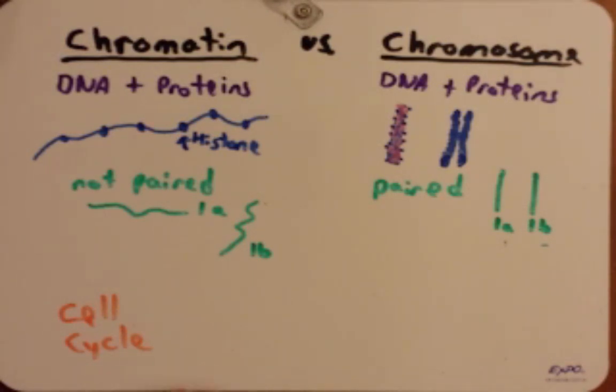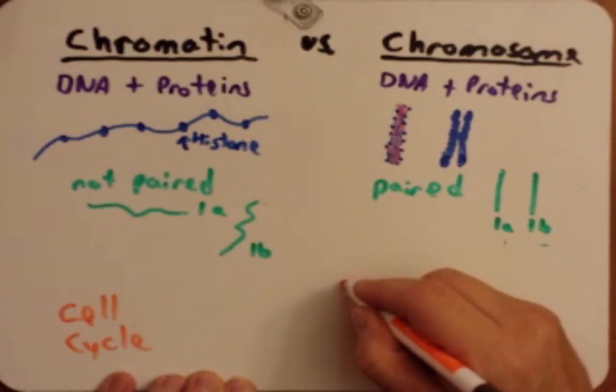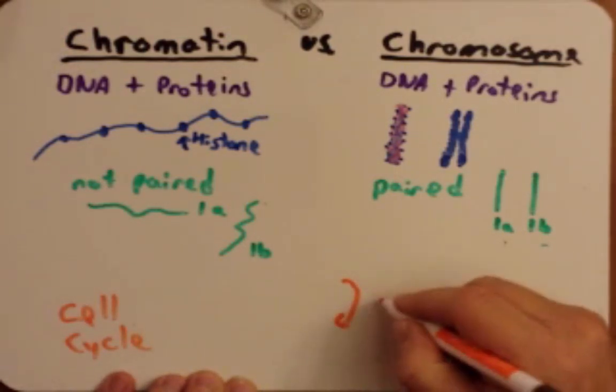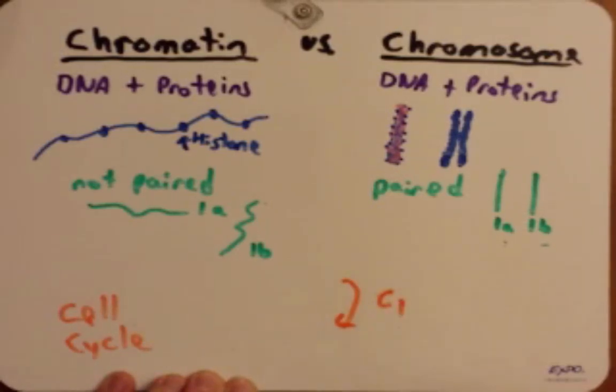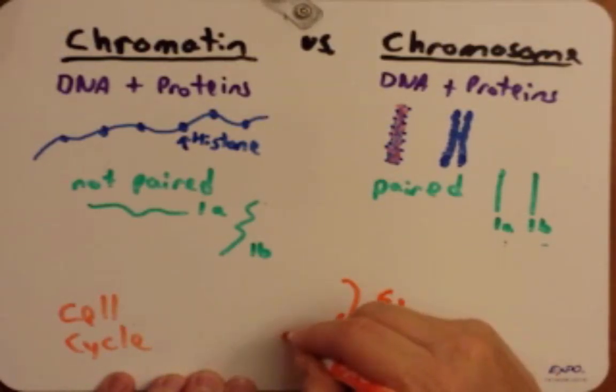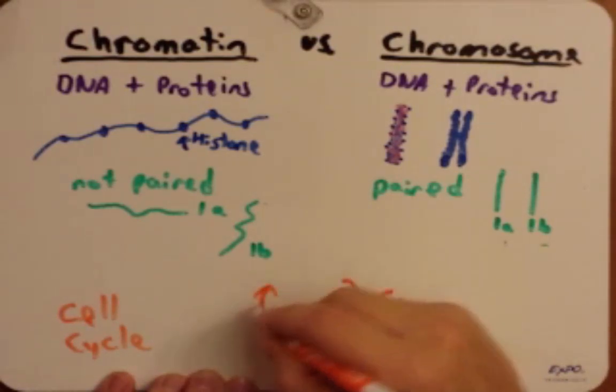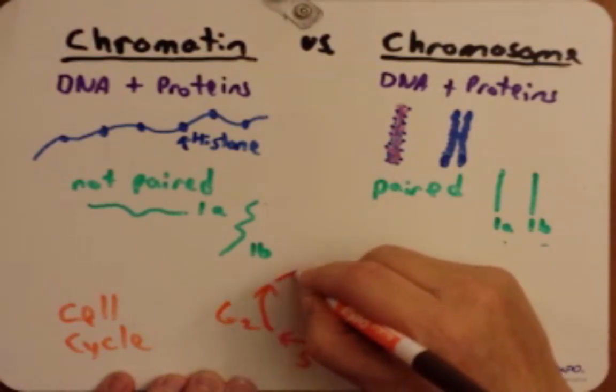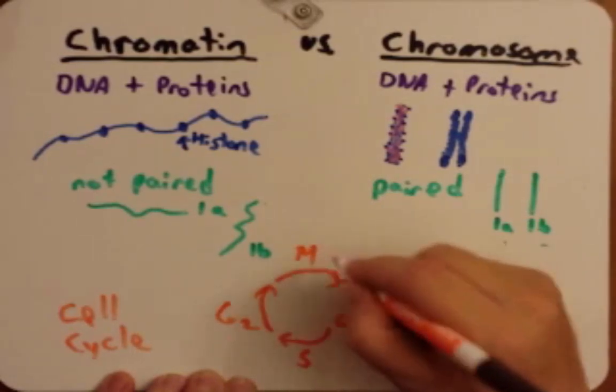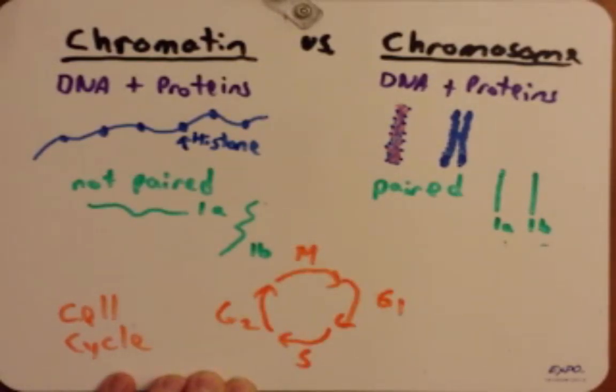But let me remind you of some of the basics of the cell cycle. Remember, you have a cell that enters the cell cycle in G1. It then moves into S phase, and then G2, and then it goes into the M phase, which could be meiosis or mitosis. We're going to talk about each of these stages in much greater detail.